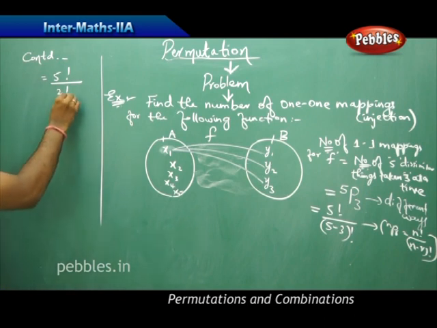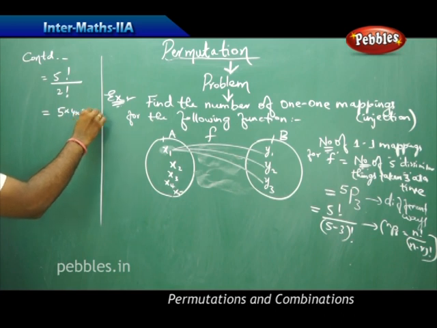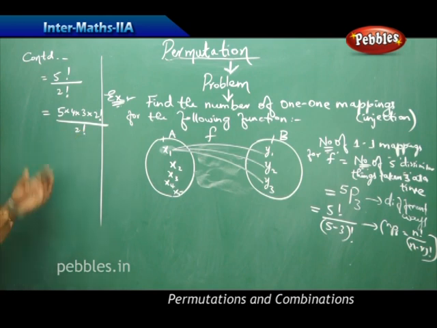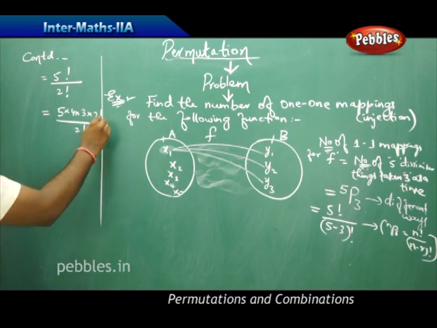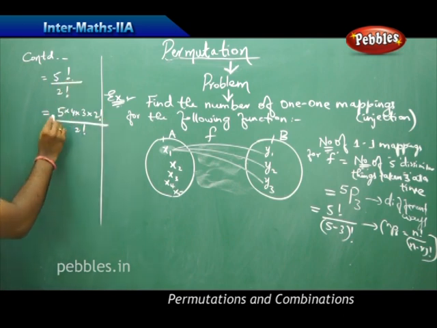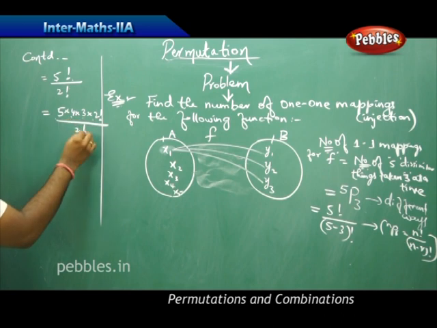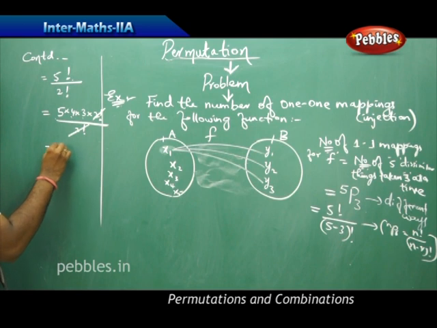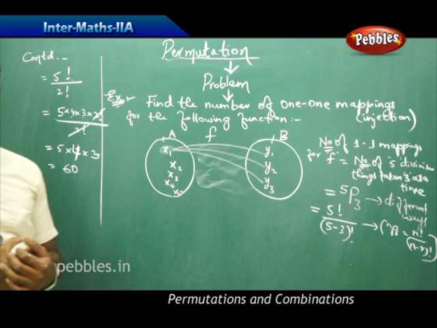Now I can write 5 factorial as 5 times 4 times 3 times 2 factorial, since the consecutive terms reduce by 1 unit each time in the product. The 2 factorial in the numerator and denominator are the same and can be cancelled. So I get 5 times 4 times 3, which is 60. Therefore, there are 60 different 1-1 mappings for the function f.